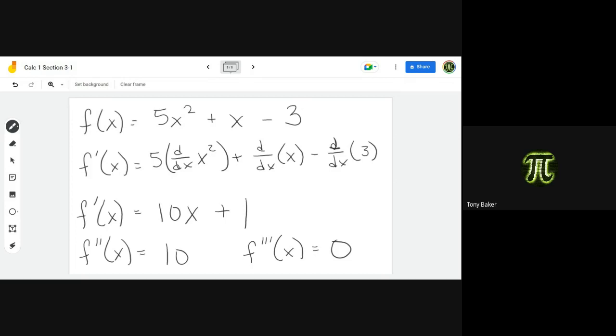In the problem, the constant's just adjusting where it is on the graph. It doesn't affect the slope. Correct. Yeah, it's just shifting it up or down. So that's just shifting your y up or down by -3. So it doesn't really change the slope of the problem. That's why it's not used.